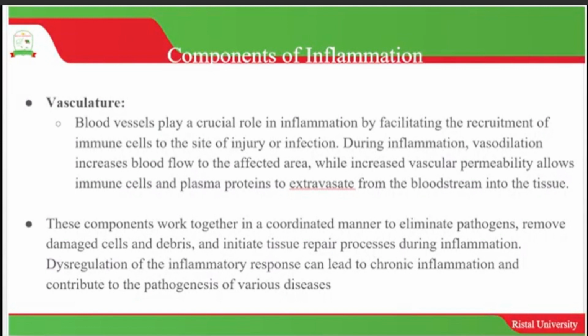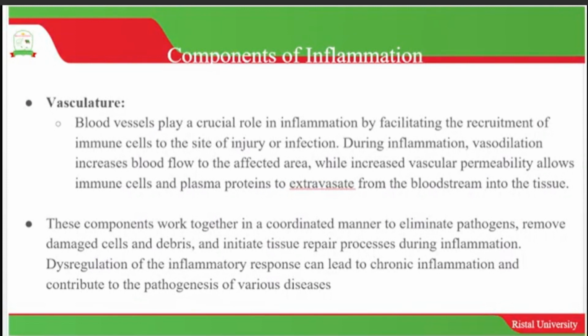And remember that these immune cells are carried and transported within blood, and the blood is transported within the blood vessels. During inflammation, vasodilation increases blood flow to the affected area.